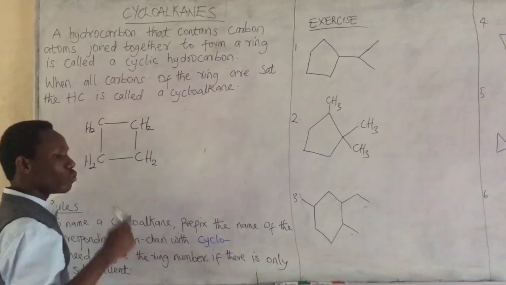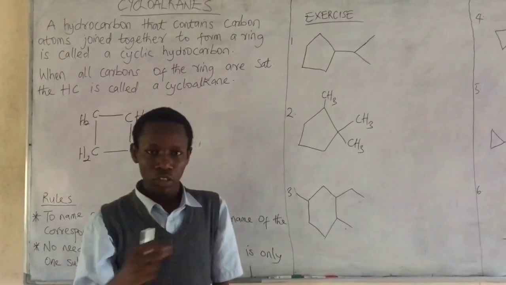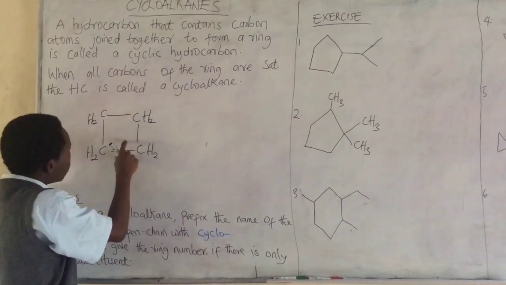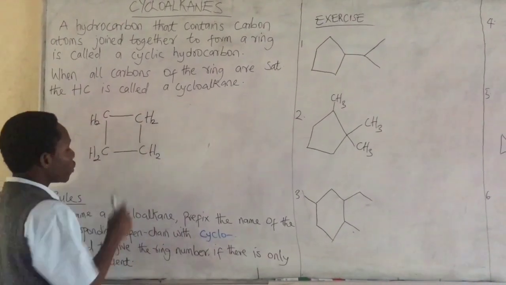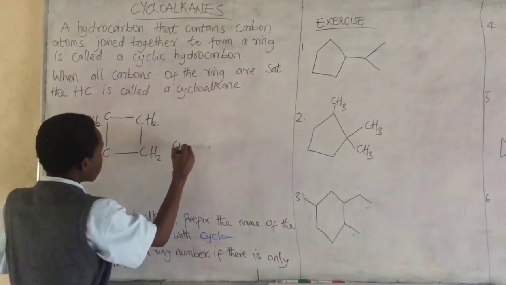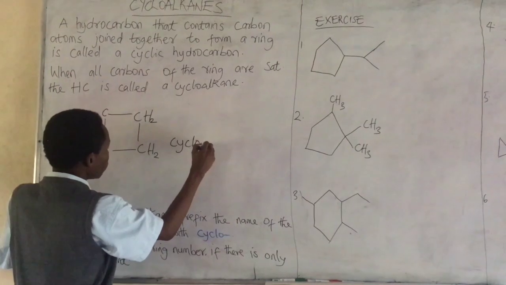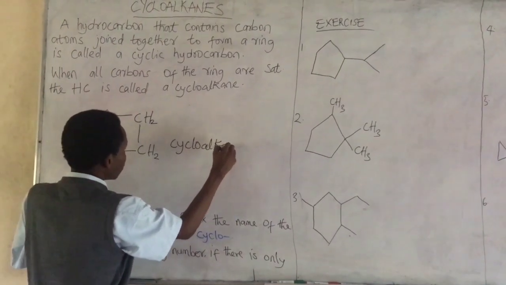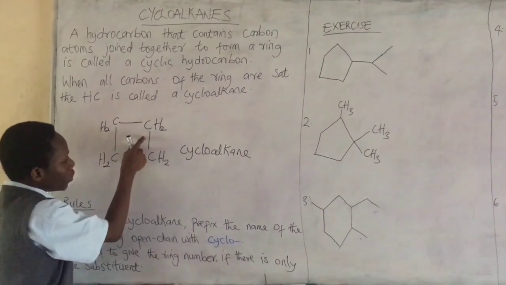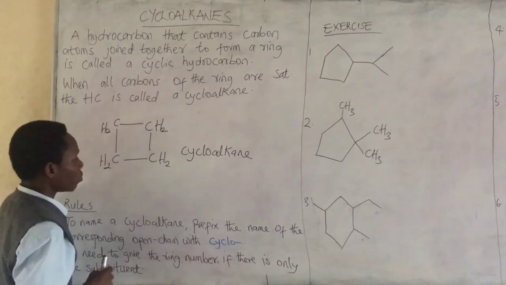But it is not the normal butane that we all know in our straight chain. Rather, this is the cyclic what? Butane, because it is in a what? A ring form. So we call this cyclobutane. This is what? Cyclobutane. Why is it cyclo? It is cyclo because it is in a ring form.